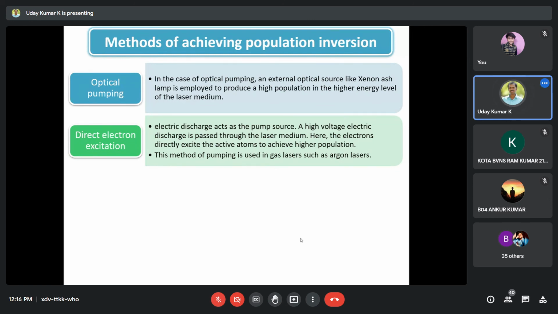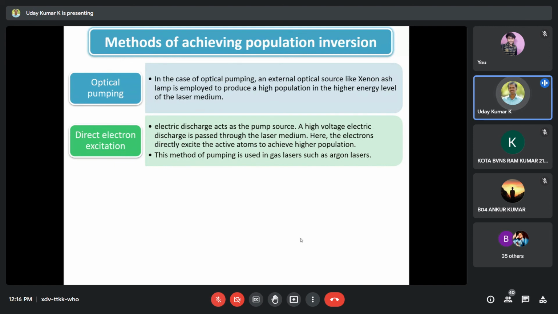Now, because you apply a large voltage, a breakdown will happen. Please remember that is called a dielectric breakdown. Once the dielectric breakdown happens between cathode and anode, a large number of electrons will be dissipated. The energy of those electrons is used for the pumping process, so lower energy levels can be excited to the higher energy level.